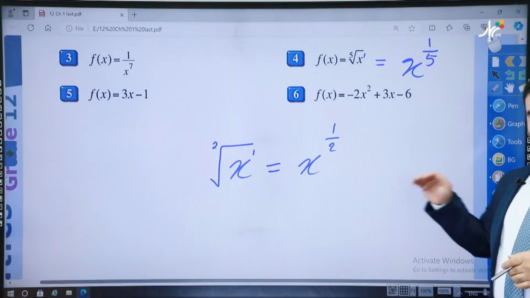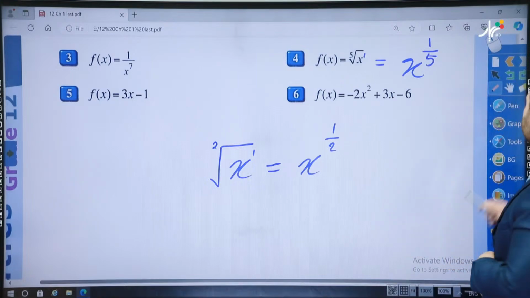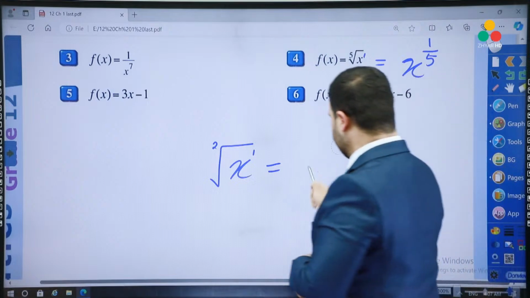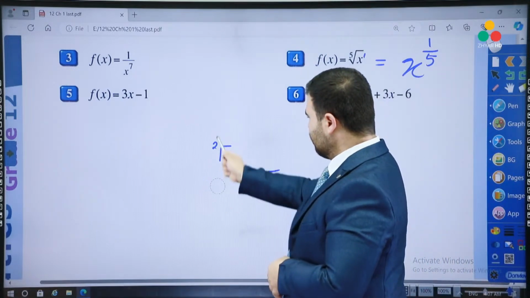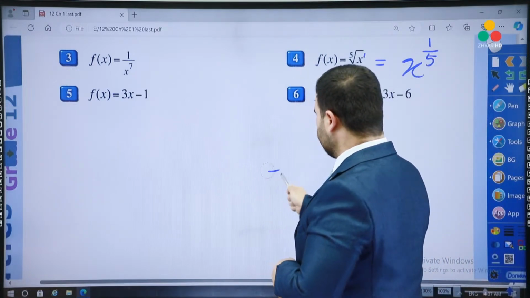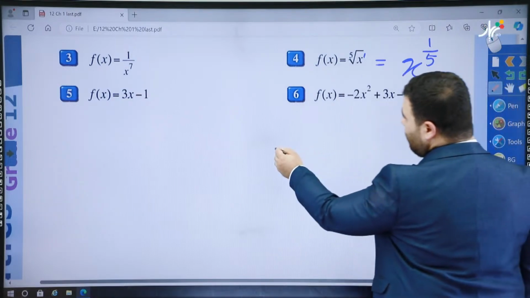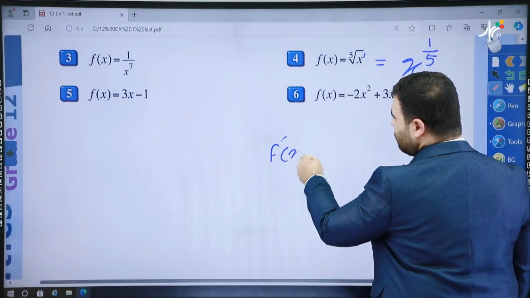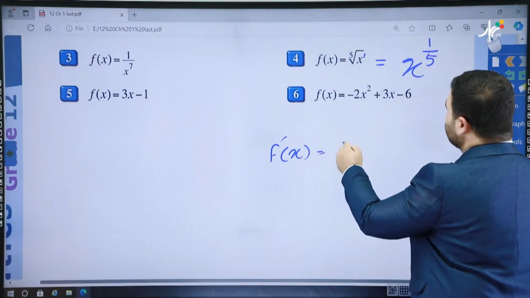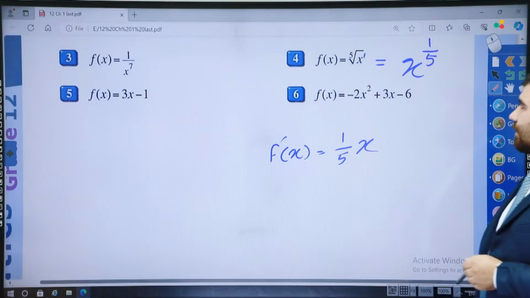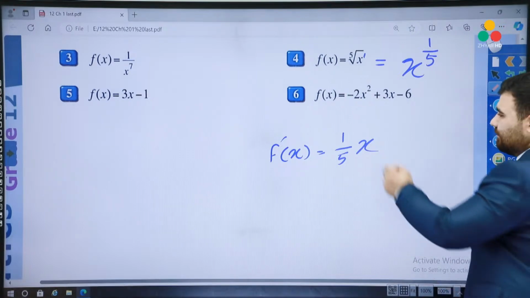To find the derivative, the power goes to the front, power minus 1. f prime of x is equal to 1 over 5, x power 1 over 5 minus 1.